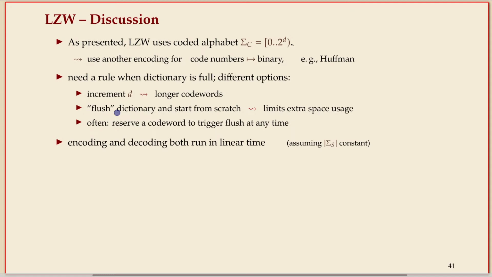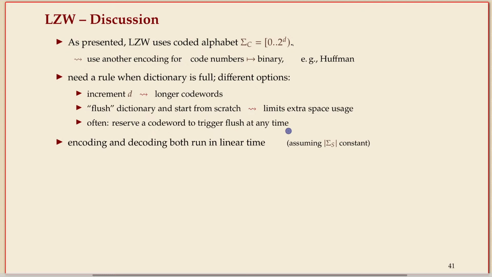So you fill it up, and then you pretend you start from the initial state again. And indeed, most applications of zip and so on have a special code word where the encoder can say, I think now is a smart time to just abandon the dictionary, flush it, and start from scratch. And why would you ever want to do that on purpose before it fills up?